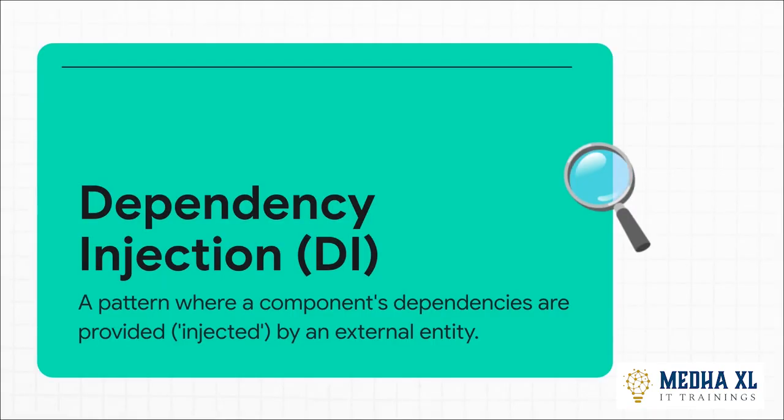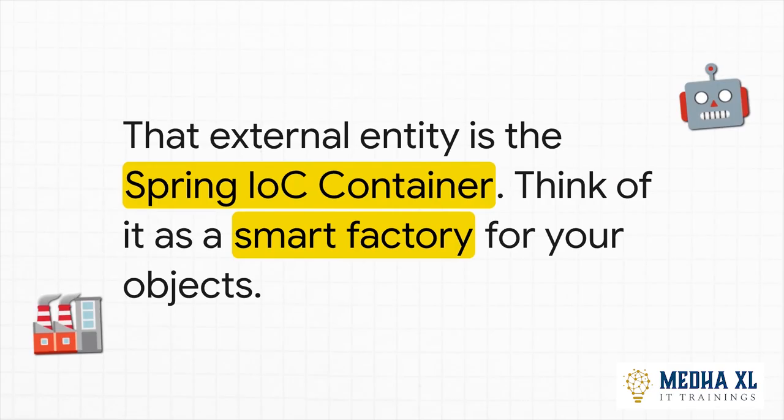This whole idea brings us to the core pattern we're talking about today, dependency injection, or DI for short. The idea is simple. Our car component shouldn't have to worry about building its own engine. No way. Instead, some outside force, some external entity, will provide or inject a fully built engine right when the car needs it. So who is this mysterious external entity?